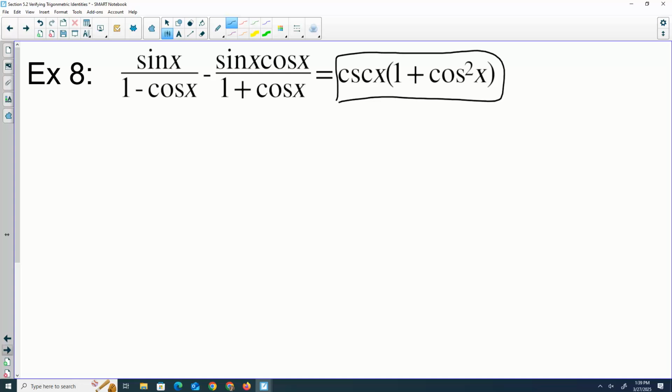That means we need to add these fractions together. If you are going to add fractions, what do you have to have? Common denominator. So I have to take this one times 1 plus cosine x on top and bottom, and this one times 1 minus cosine x.